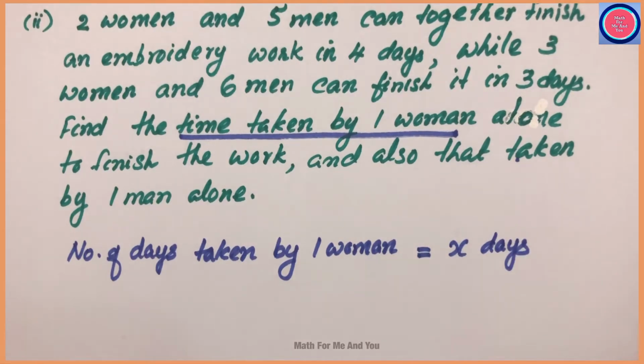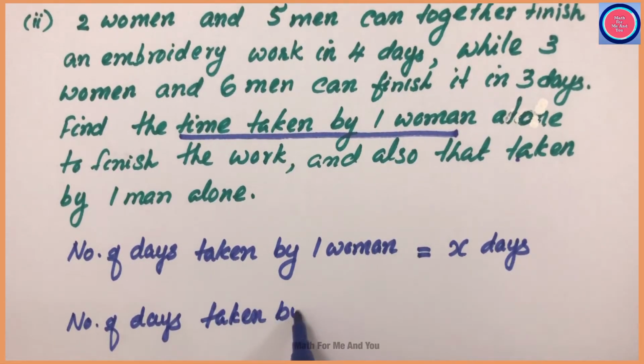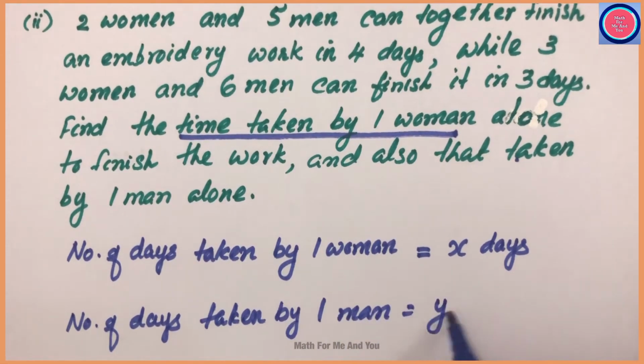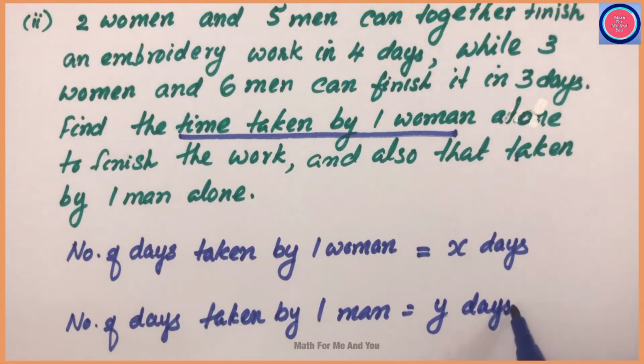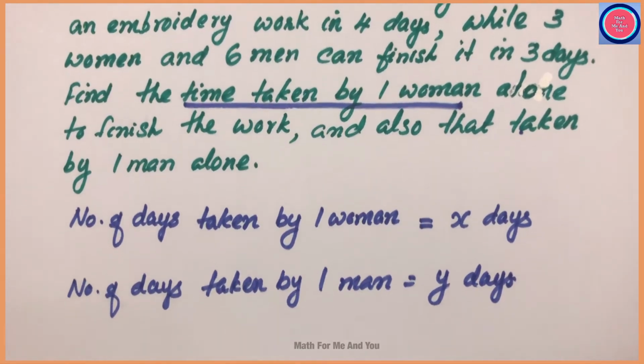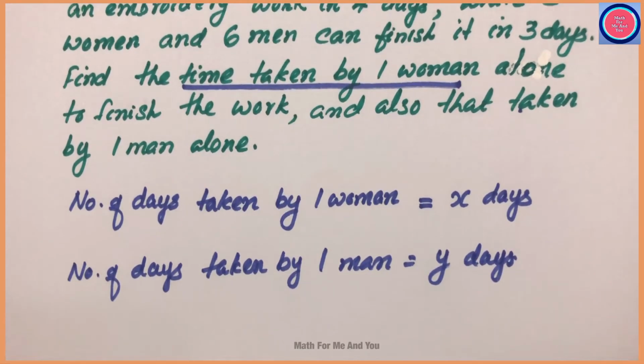Then we write number of days taken by one man, that we take as y days. From here, we look in one day how much she can finish the work. She finishes the work in x days. So in one day, how much she could finish.